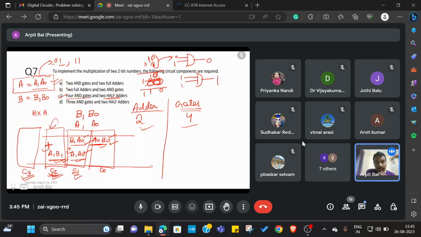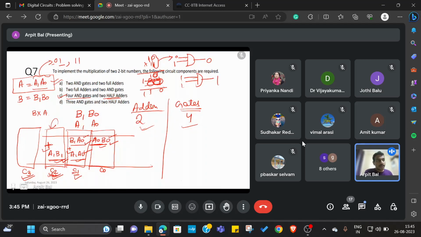Okay. Does anyone have any doubt in this question? Okay, I hope that this particular thing is clear, because this is how any other arithmetic circuit works. Let's say you are asked for a multiplication of 2 3-bit numbers, and you have to mention the number of adders and gates that are needed to implement that 3-bit multiplication.